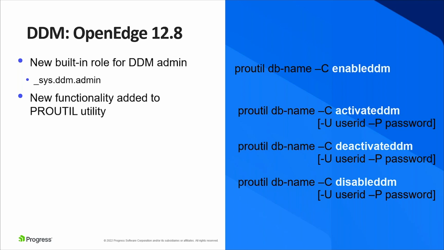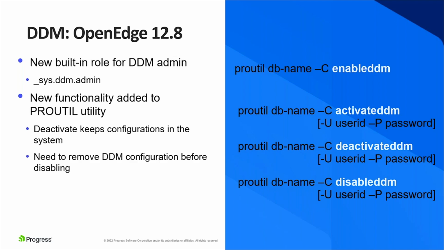Once you enable DDM, you are able to add DDM related configurations to the system. Once the configuration is done, you activate the feature with DDM activate. Once the feature is activated, only unauthorized users will see the masked data for the masked field. If you deactivate DDM, it preserves the configuration. But before you disable DDM, you need to remove all the DDM related configurations.